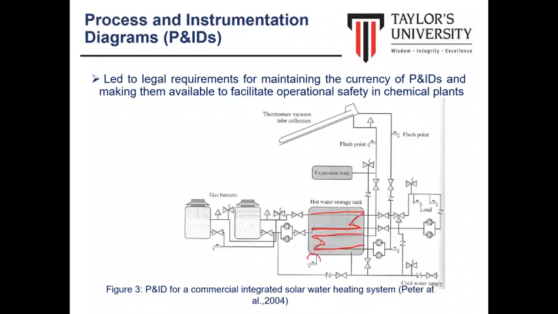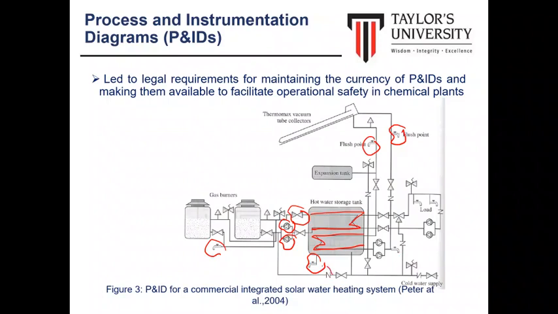We have a flush point for each main piping, and then we have a gas burner here. We have two pumps here, operating and standby, and also run pumps. We have a manual valve. We have two gas burners, maybe to support the hot water storage system.